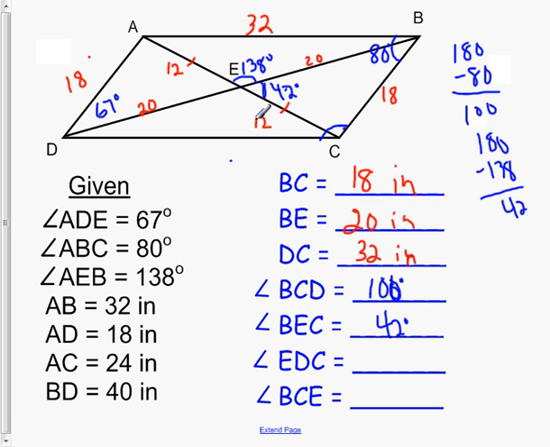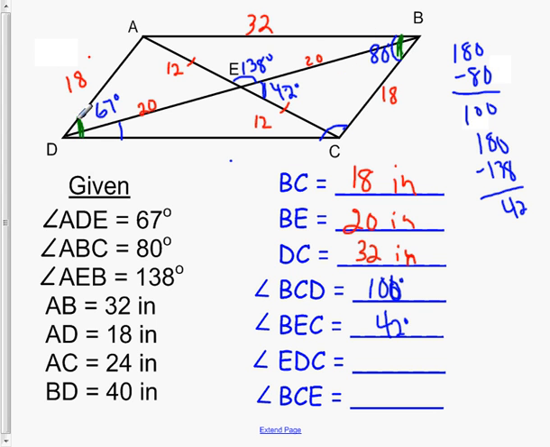EDC, so from E to D, oops, to C, that would be this angle. And one of the things we learned in this video is that the opposite angles, so let me use green here, this angle and this angle are congruent. The opposite angles are congruent.